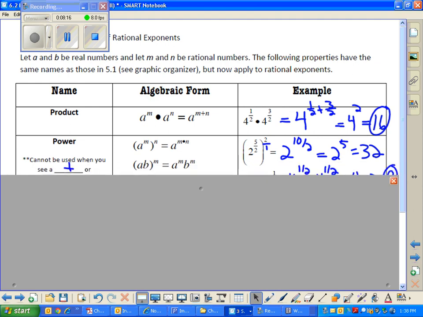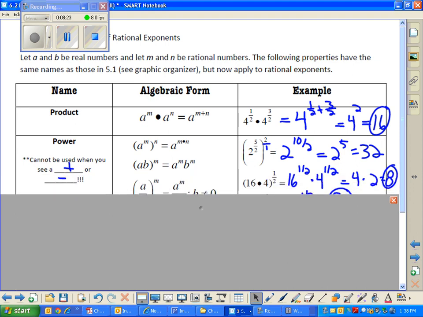Rolling down here, you're allowed to distribute your exponent into that quantity there because there's no plus or minus. So our example kind of looks like this. You have 16 times 4 to the 1/2. You could multiply the 16 times the 4 first, but I wanted to show you the power property for exponents. So I would do 16 to the 1/2 times 4 to the 1/2.